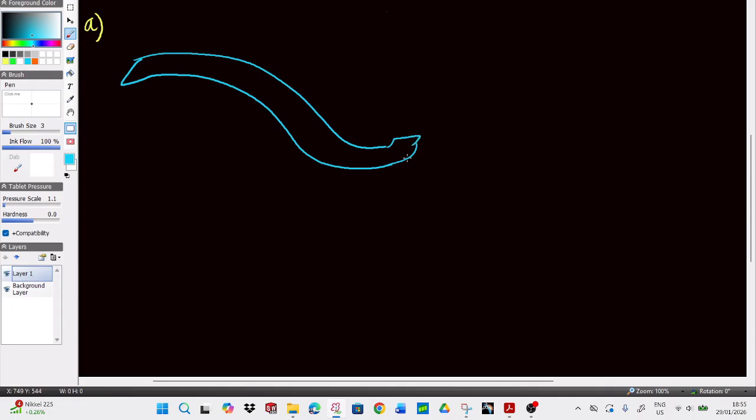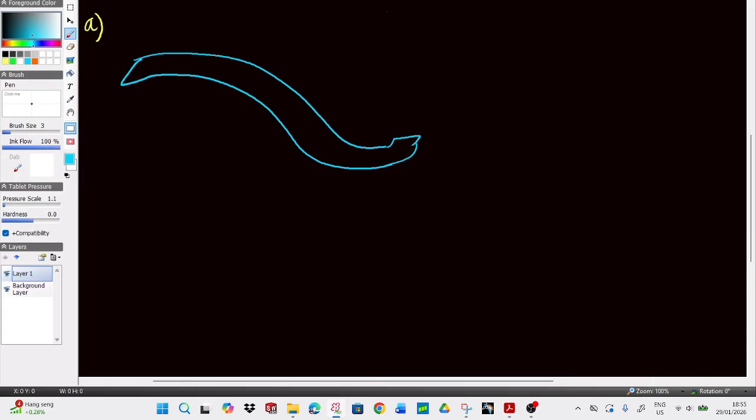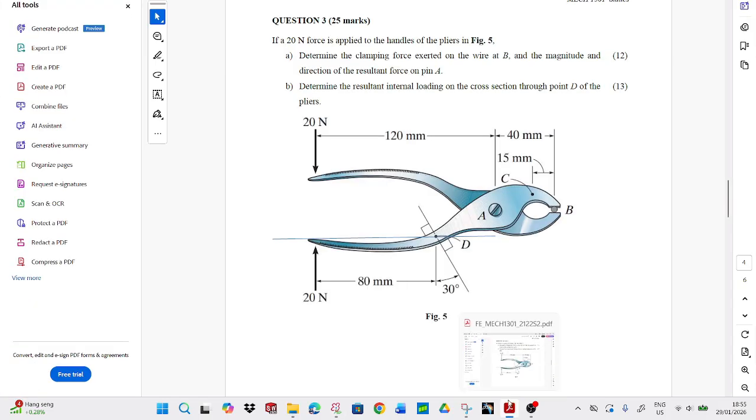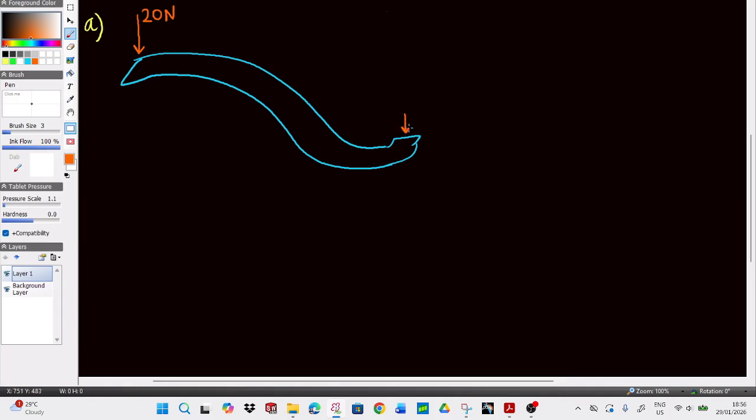All right, so let's label the forces. The forces we have here are a 20 Newton clamping force. Then we have the clamping force, so the clamp acting would be the force at B, so this is FB.